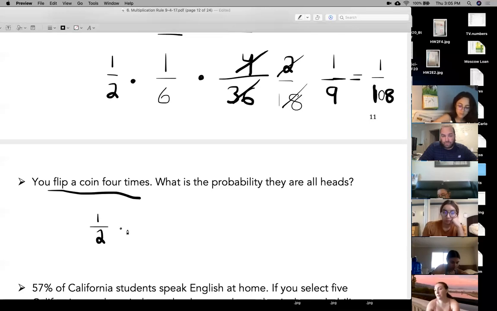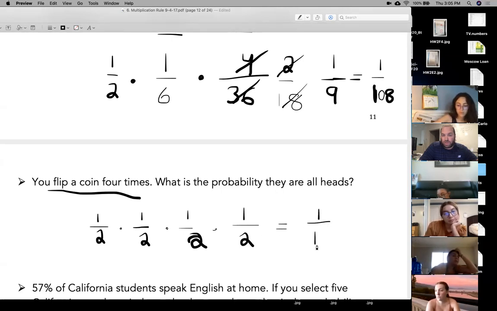Second flip, heads. 1/2. Third flip, heads. 1/2. Fourth flip, heads. 1/2. So what's the probability that they're all heads? 1 out of 16.